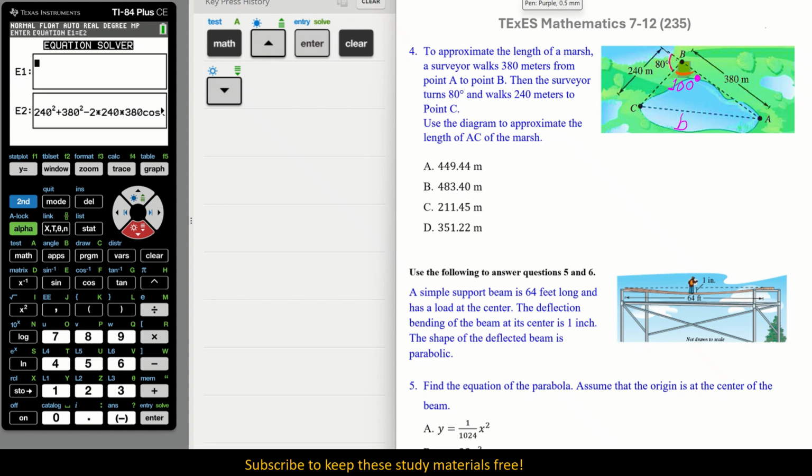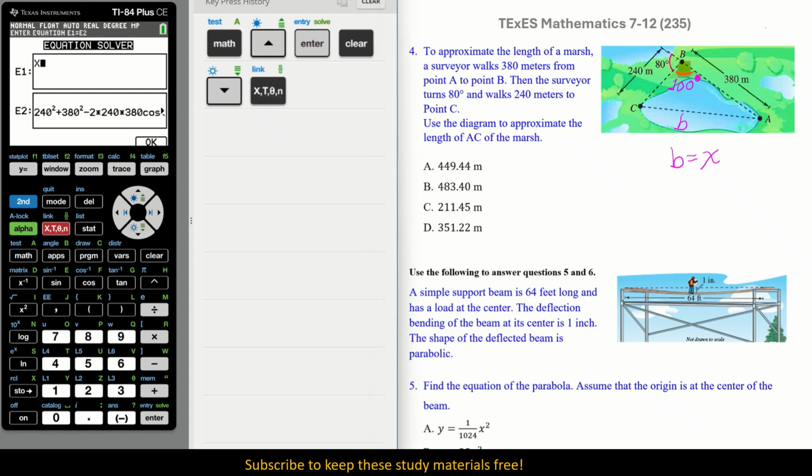Okay. All right. So that means we're looking for B, and because of the calculator not being able to put in different variables, we must use X. And X is our only variable. We have all the other information. Okay, so we have X squared. All right, now let's go down. I'm going to clear everything out and go over it again.